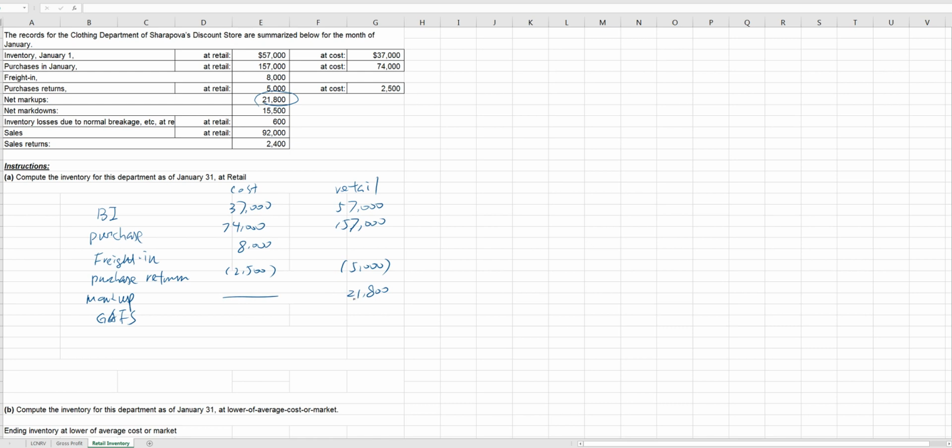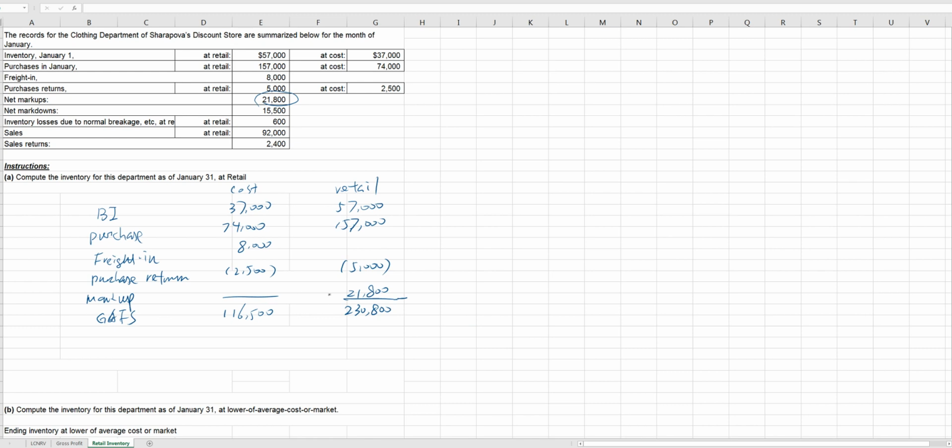So if we add them together, for goods available for sale, we have the total cost and the total retail. So these two numbers are important. It shows the relationship for all my goods available for sale between its cost and retail value.